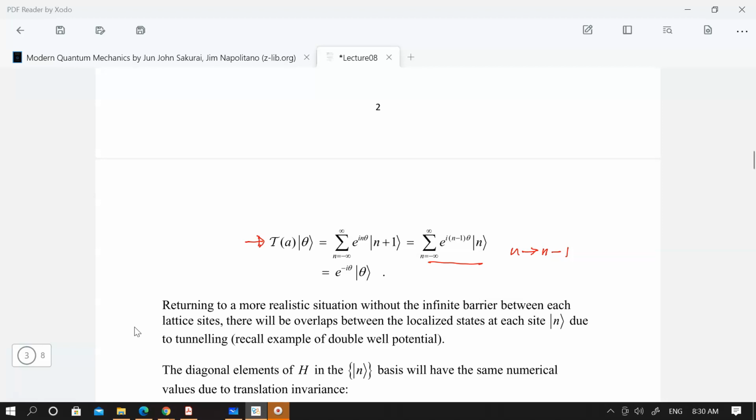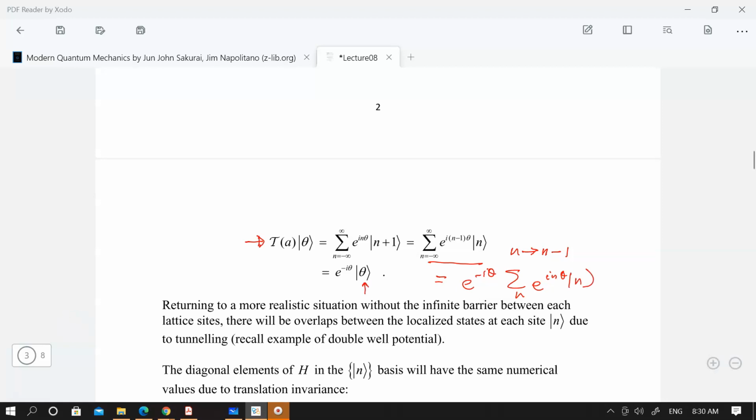And what is this? Well, this can be written as e to the minus i theta times the sum of e to the i n theta. Sorry, already put that in as the common term outside. So that means I'll be left with e to the i theta times the same state, and that's essentially your theta here.